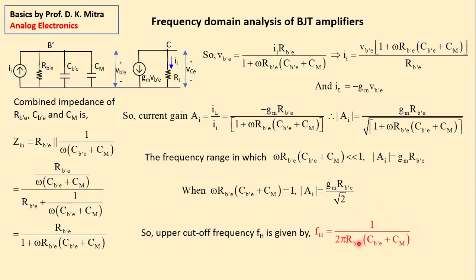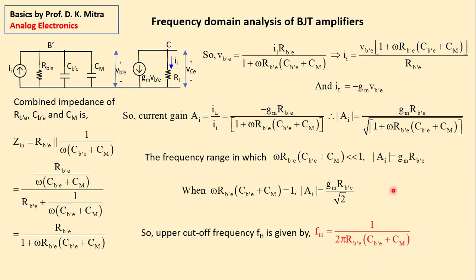One thing is RB'E, that is the input side resistance, and CB'E is the base emitter junction diffusion capacitance, and CM is the Miller capacitance, right?